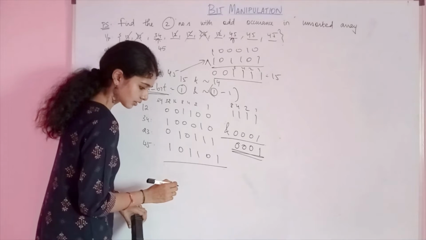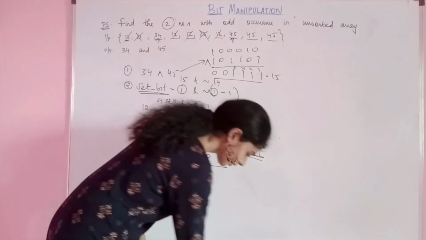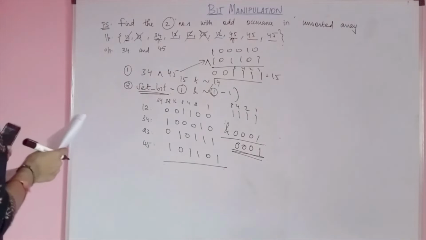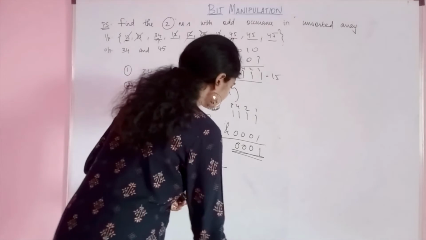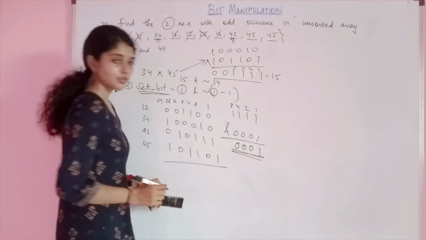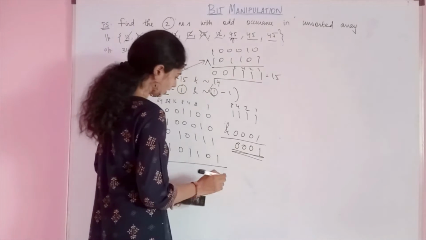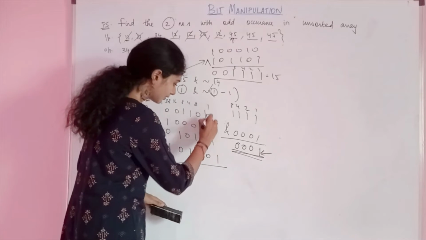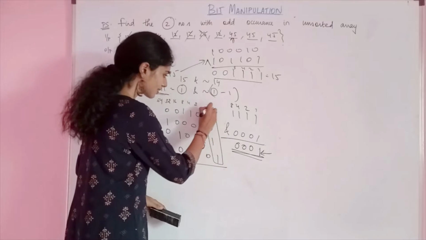So we get 0, 0, 0 and then 1. So the set bit is going to be what? 1. This shall be our set bit.